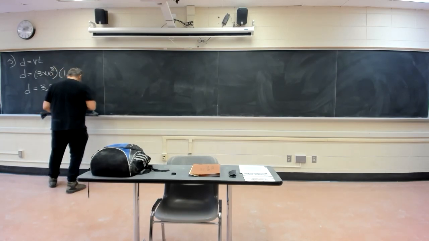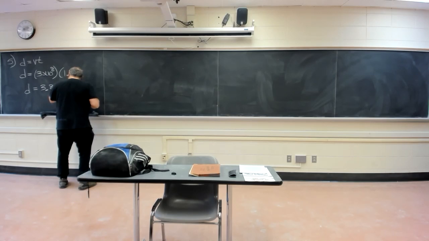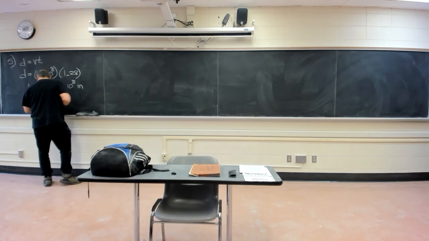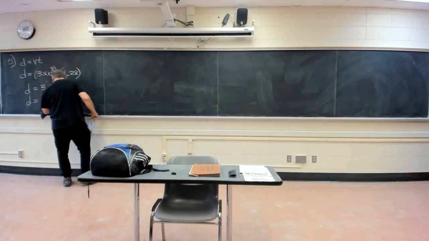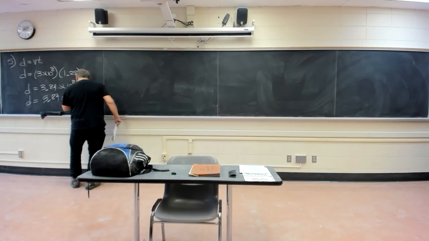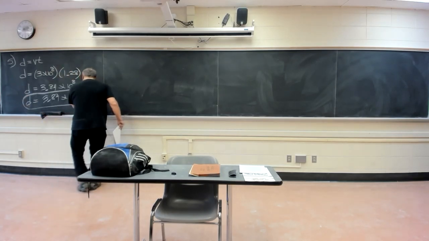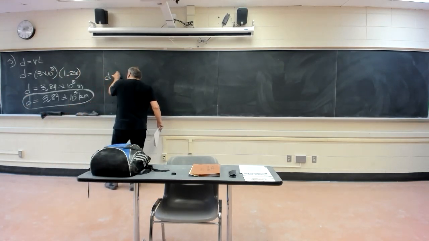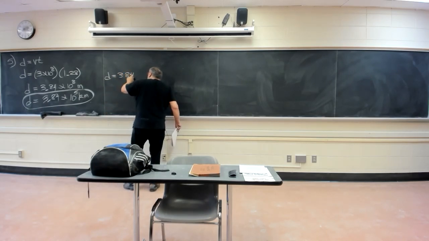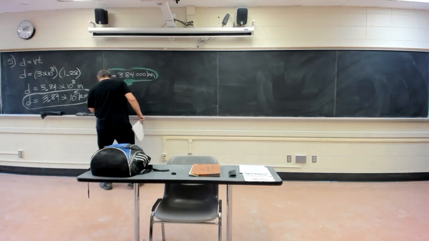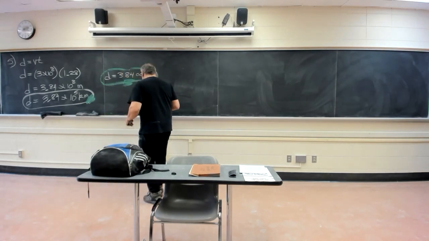We got 3.84 times 10 to the 8th meters. True answer. Kilometers, you need 1,000 times fewer of those because they're 1,000 times bigger. So divide this by 1,000, and you've got kilometers. I think that's the way they're asking for the question to be answered. You're getting this. That can also be written as 384,000. So here we are, the same thing. Okay? Let's go to 6.